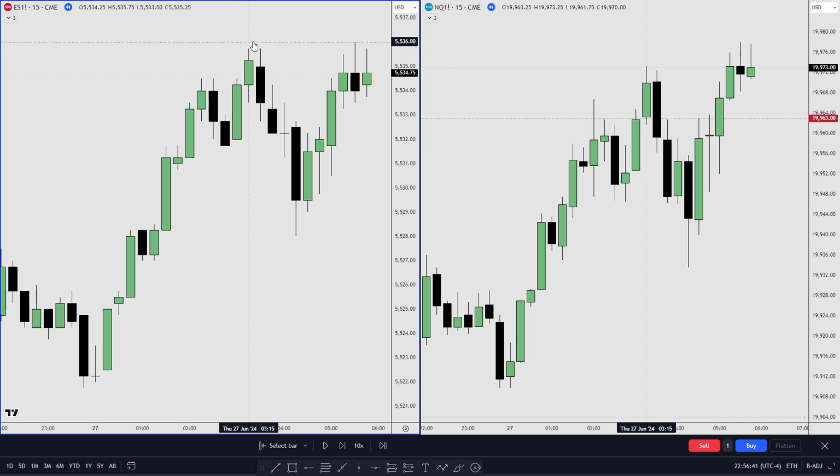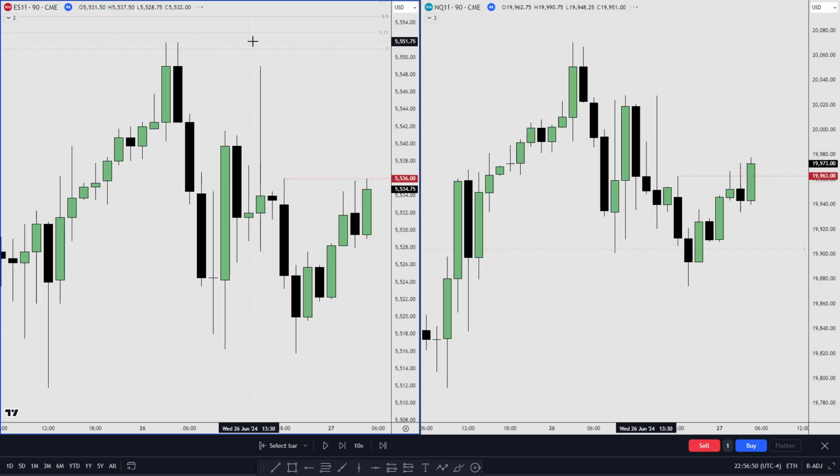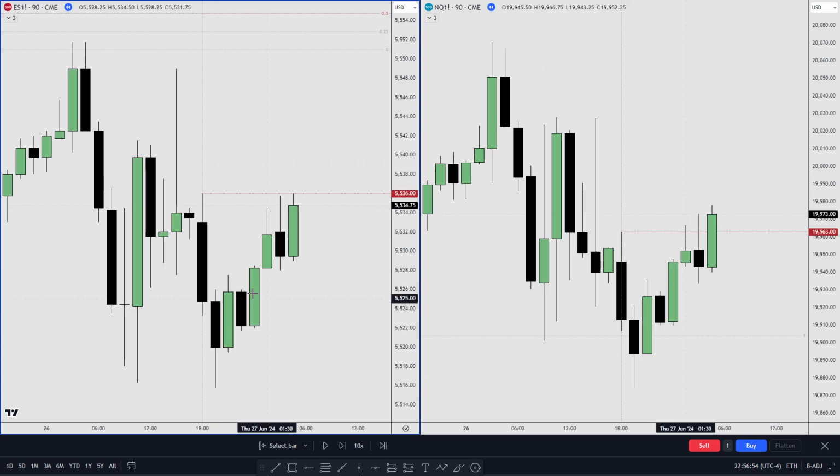But what is the underlying narrative and why did this model not work? Because when you look at the 90 minutes session here, we have closed above this bearish fair value gap. This was supposed to be the fair value gap that sends the price lower. Even if it is to take out Asia's high, you don't really want to see the body closing above this order block right here.